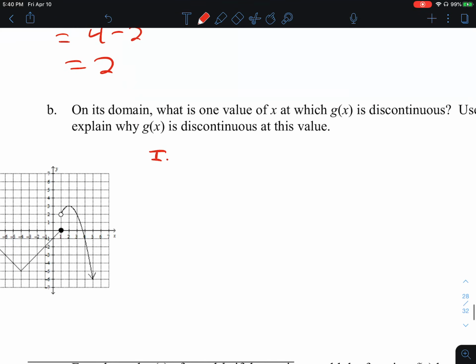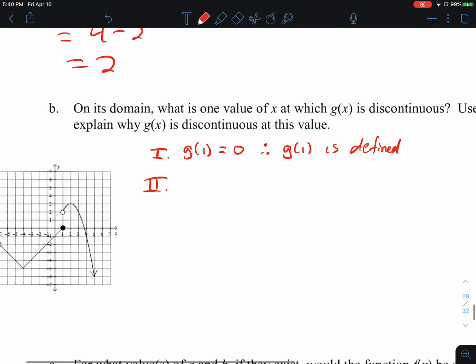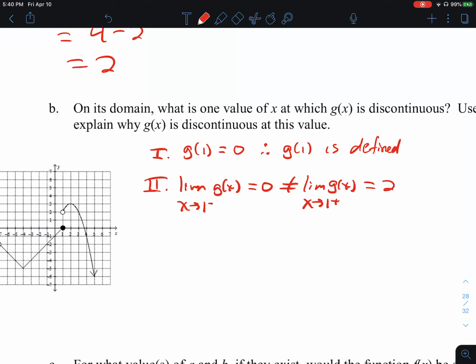All right, first part. g of 1 is equal to 0, therefore g of 1 is defined. So that works. Part 2, does the limit exist? Well, the limit of g of x as x approaches 1 from the left is equal to 0. But that does not equal the limit of g of x as x approaches 1 from the right, because that's equal to 2.